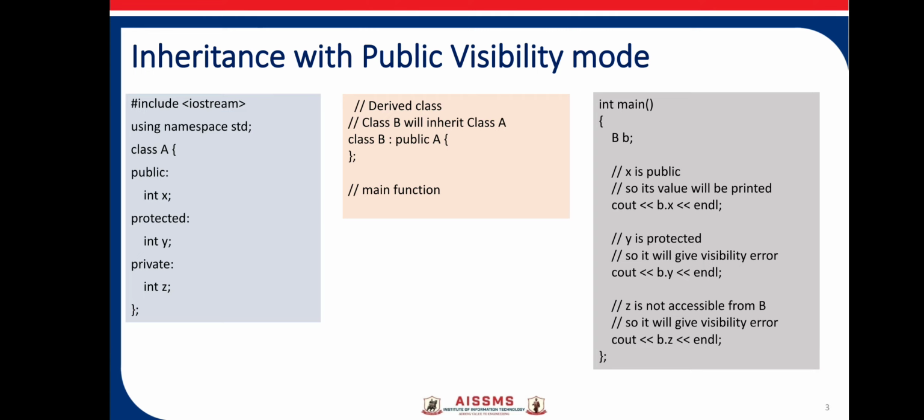Because of that, the content described as public inside the base class will remain public only, so we can display the content of the X variable in the main function easily. But the variables or the members described under the protected and private mode will remain the same.